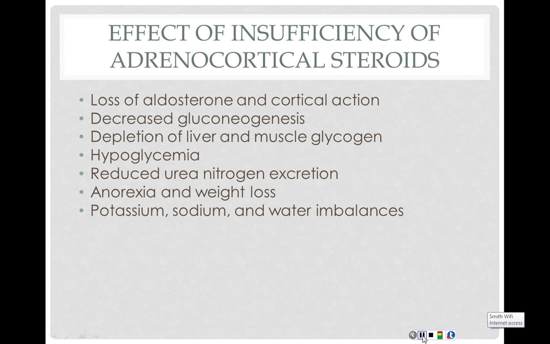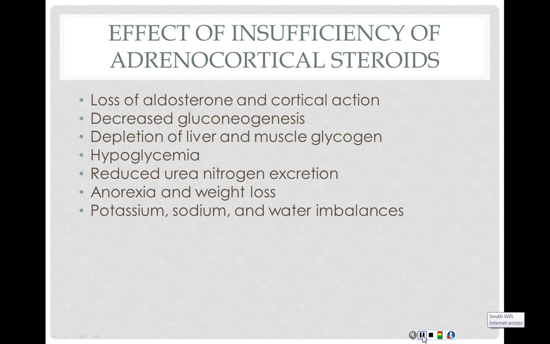Remember, we have the liver that converts stored glycogen into glucose, and gluconeogenesis, which is when amino acids are converted to glucose. However, when there's a deficiency of adrenocorticotropic steroids, these processes cannot take place because the body loses its ability to manufacture glucose.